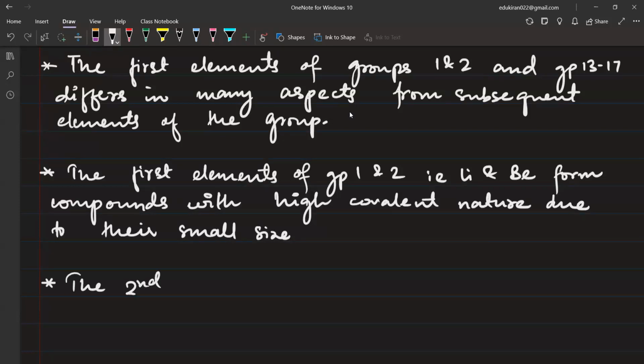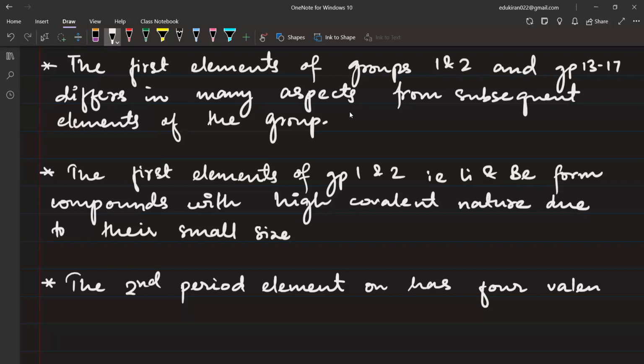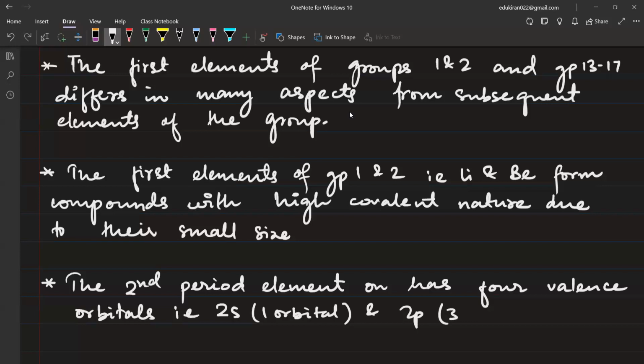The second period elements only have four valence orbitals. कौन कौन से? 2s में 1 orbital and 2p में 3 orbitals.